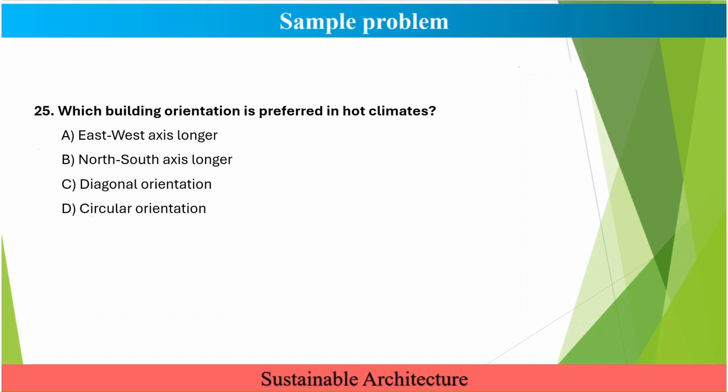If the longer axis is oriented towards north and south, then your building will be facing towards east or west. Is that clear? Yes, sir. So the answer is option B. Which option do you want to tick for this particular question based on your understanding till now?